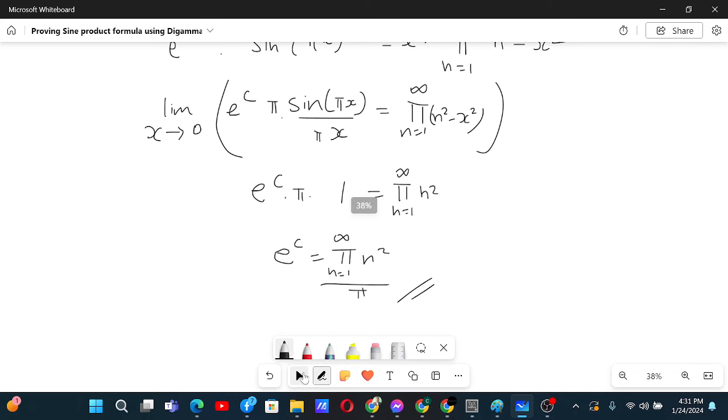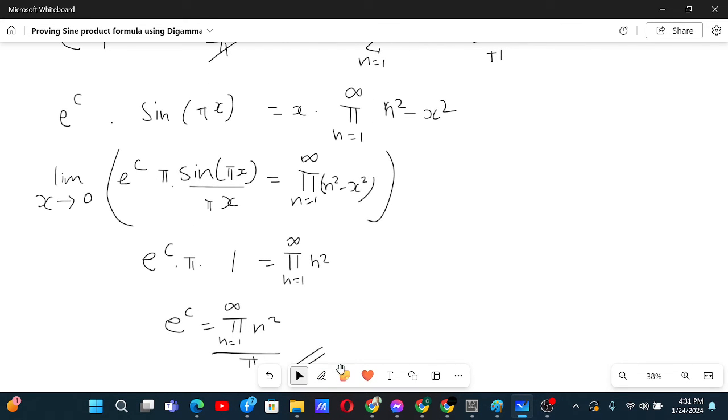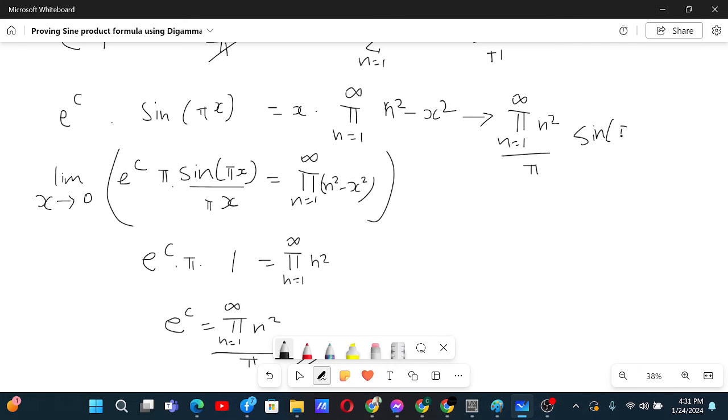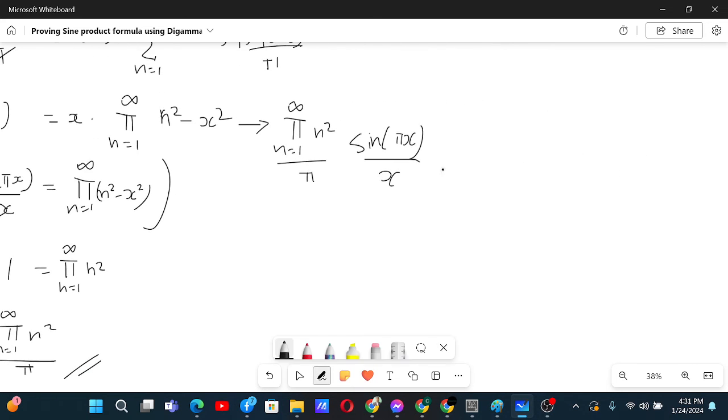Now let's substitute e to the power c in the original equation. If we substitute e to the power c as the product from n equals 1 to infinity of n square by pi, then we also have sine pi x by x, which equals the product from n equals 1 to infinity of n square minus x square.